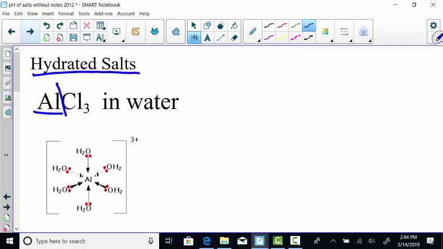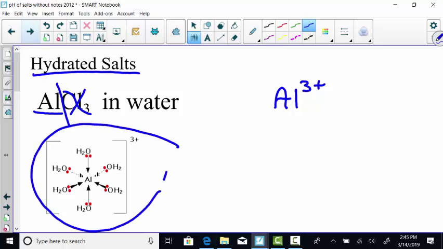Now, if I take this AlCl3 and break it apart, okay, we can get rid of the chlorine because of all the same rules that we had before. But what happens is this aluminum that has a 3+ charge now does something really weird, okay?